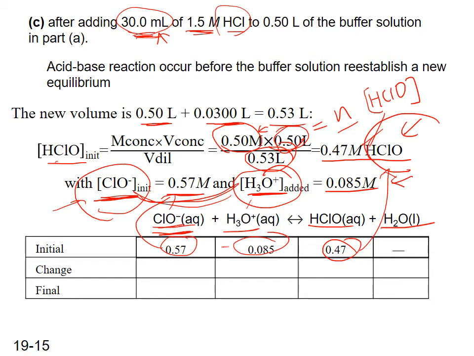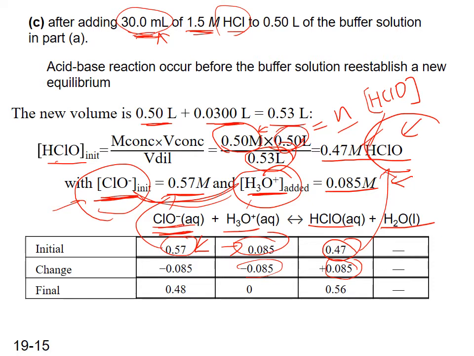Again, this is a small number, and it is the limiting amount, so the change will be the same as the hydronium ion concentration, and the same amount is produced for the product. The final concentration for the base will be 0.48, and for the acid 0.56, that is, initial plus the change.